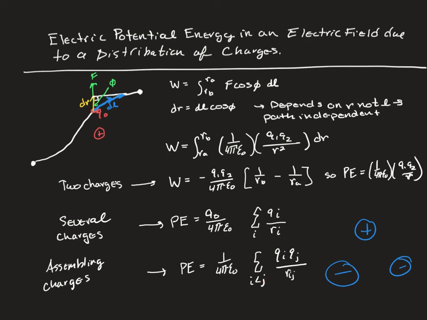And once again, this is a summation because you have to take each charge set multiplied together and then divide by the distance between them. And the reason it says i less than j here is you don't want to take i times i or j times j, and you also don't want duplicate pairs. So if you take 1 times 2, you never want to take 2 times 1 because that's a duplicate.